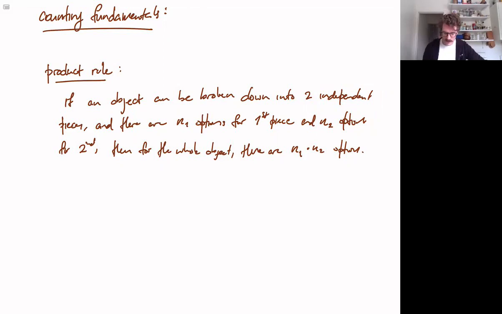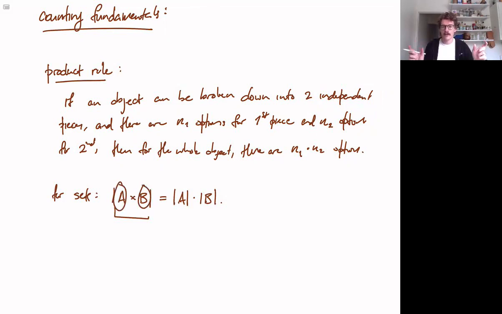And this corresponds to the fact that in terms of sets, let's say we have finite sets A and B. The cardinality of the Cartesian product is the cardinality of A times the cardinality of B. Because the elements of this set are taking something from here and something from there.